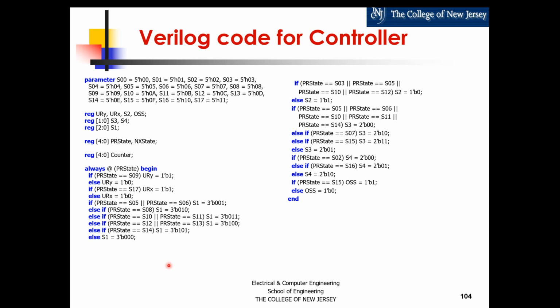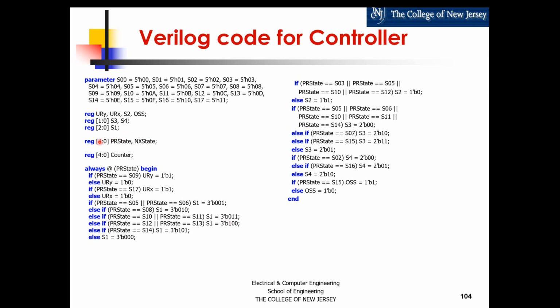Then this is the way that you code a state machine. The state machine has 3 blocks: the next state logic, the actual state vector, the actual register for the state, and then the output logic.